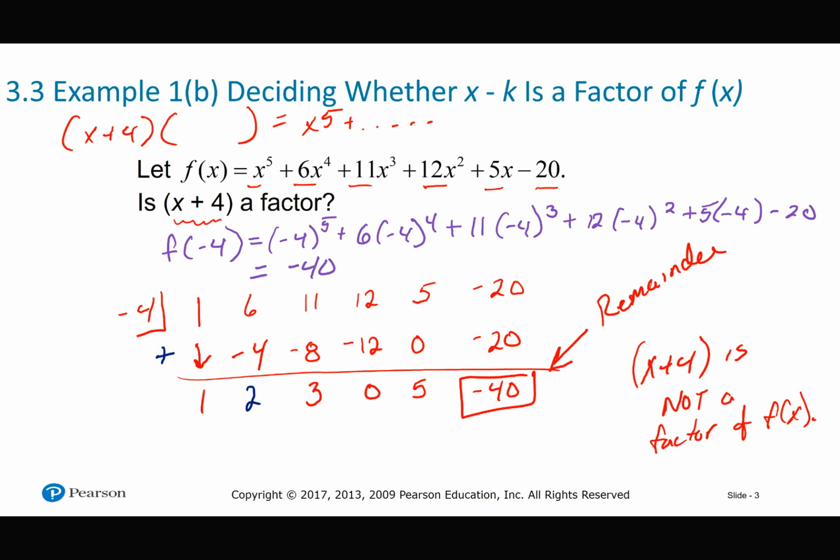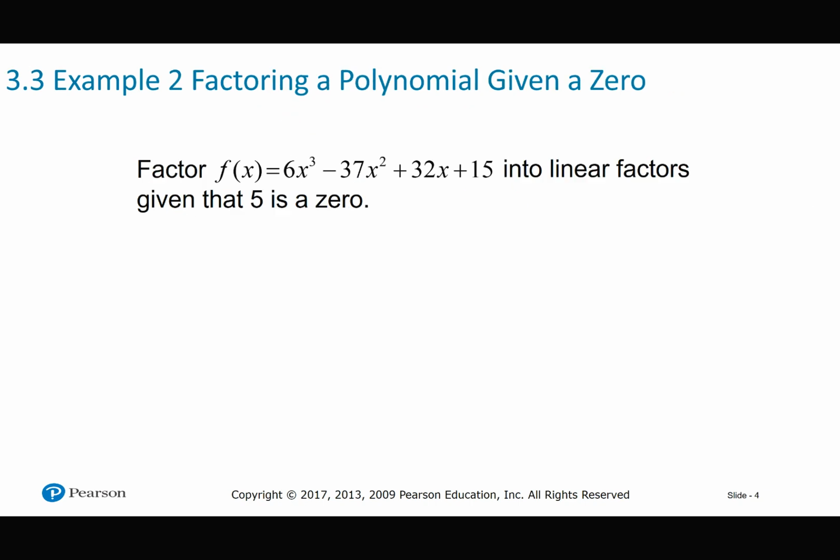But in terms of is it actually a factor? It is not a factor because we have a remainder, and also by the remainder theorem, if we plug that in, we would get a number that's not 0. If it's 0, it's a factor. If it's not 0, not a factor. You did this in algebra 2, so here's a quick refresher on it.